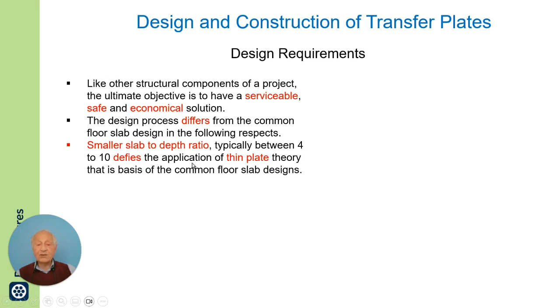This makes the application of thin plate theory, the basis of the common floor design, questionable. In commercial building and residential projects, the span to depth ratio can typically be 40, 35, even 55. Here you have in the region of 4 to 10. So the slab is much thicker.